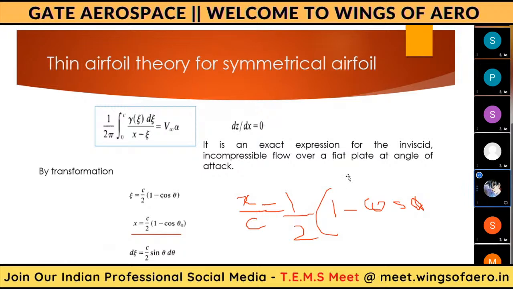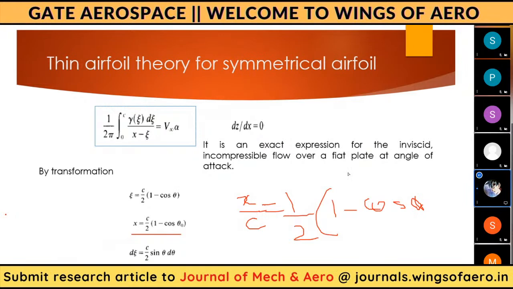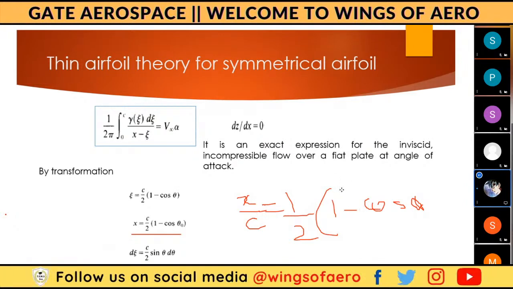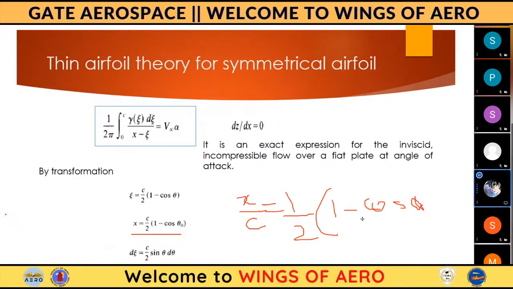First of all, take the equation x equal to c by 2 into 1 minus cos theta. In that, put x by c as 0.4, because we have the limit 0 less than or equal to x by c less than or equal to 0.4.